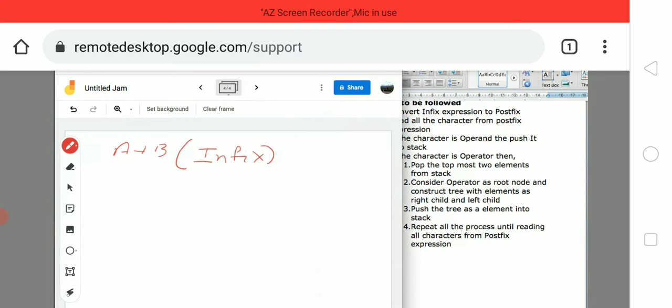Now we have to convert this infix expression to postfix expression. So I am writing here directly, and if you have any doubts, go and check the previous videos of infix, postfix, prefix videos.